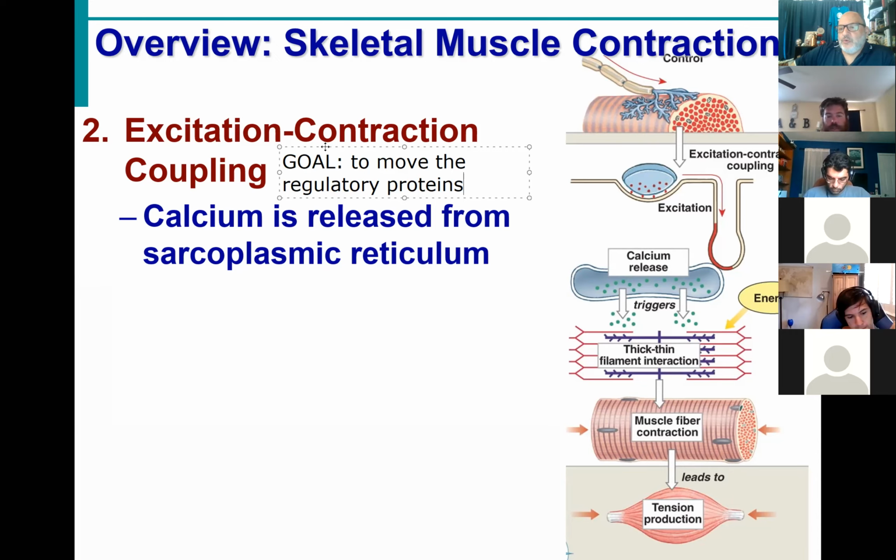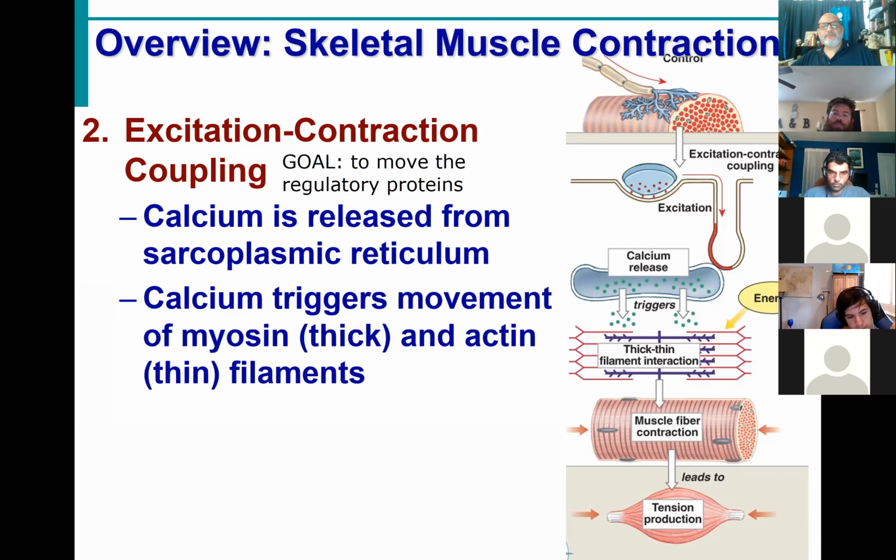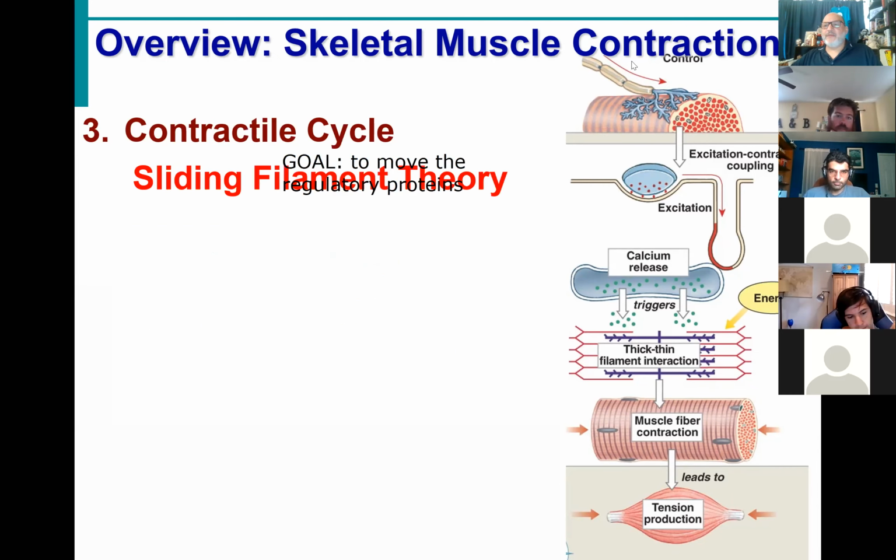And so that wonky thing we need is calcium. We're going to use calcium to move the regulatory proteins. That moves the regulatory proteins, allowing the myosin and the actin to interact. And when the myosin and actin interact, they produce the contractile cycle, or what is also known as our sliding filament theory.